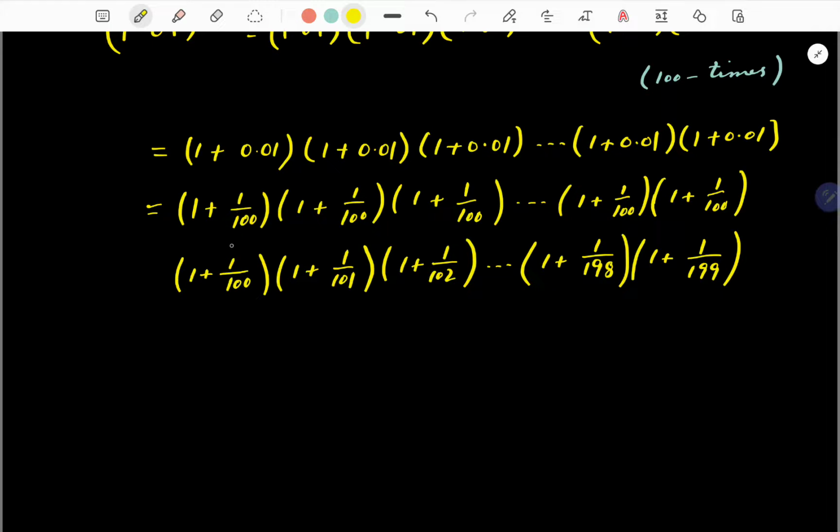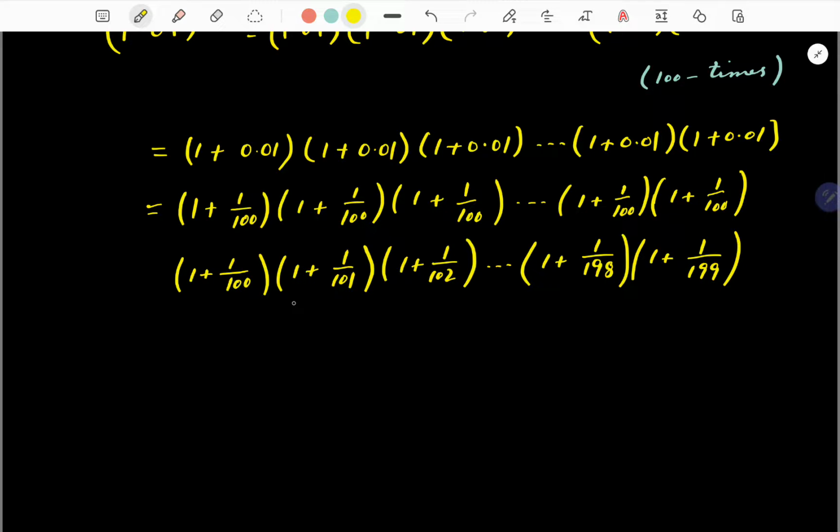This is the same factor. If we compare the second factor, 1 is as it is, here is 1 over 100, but here is 1 over 101. So 1 over 101 is smaller than 1 over 100.